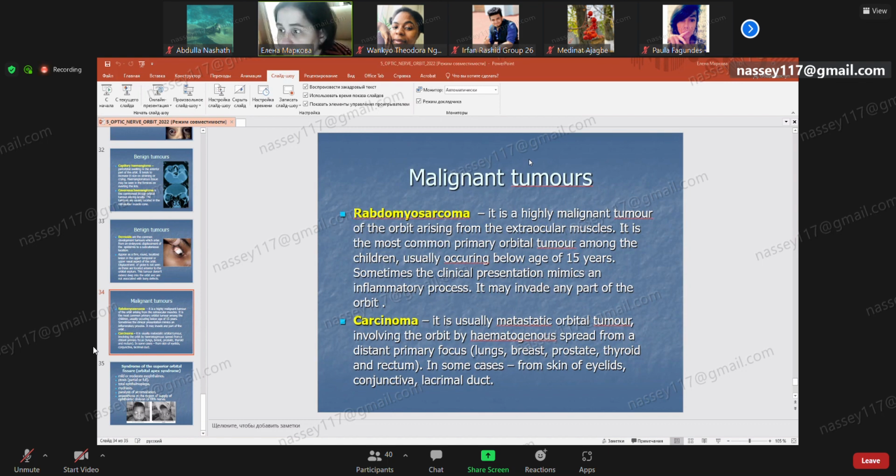For example, you need to recommend X-ray examination of the lungs, investigation of the brain, investigation of the gastrointestinal tract for excluding or including metastasis in these organs. And only after this, we can recommend to come to the oncologist and to get the treatment.